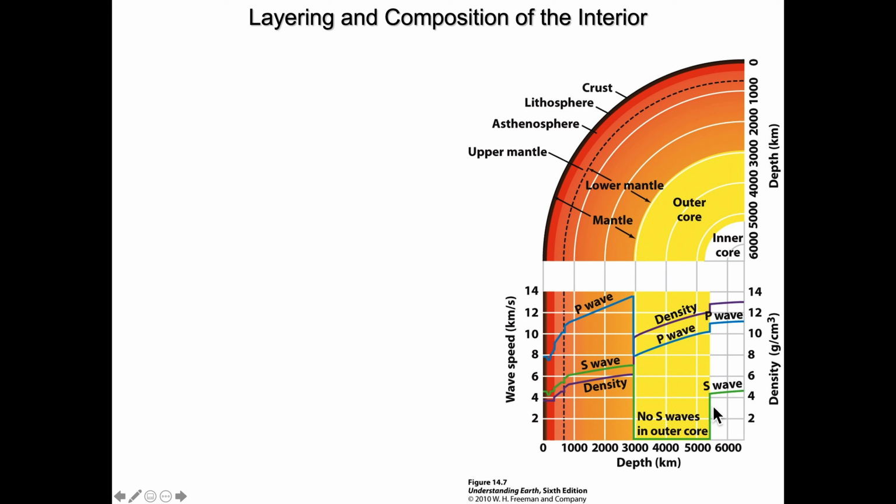Now they can appear again in the Earth's inner core, which is solid, which seems a bit mysterious, except the source of this energy that's generating this S wave that suddenly appears in the inner core, surrounded by liquid, which it can't travel through, is a P wave. The P waves travel through the liquid, they strike the inner core, and they generate an altered P wave, and they also generate a new S wave.